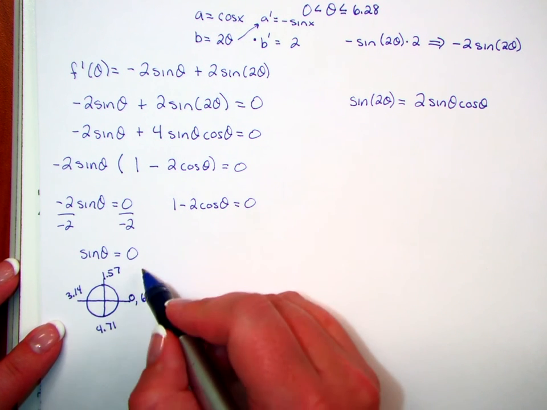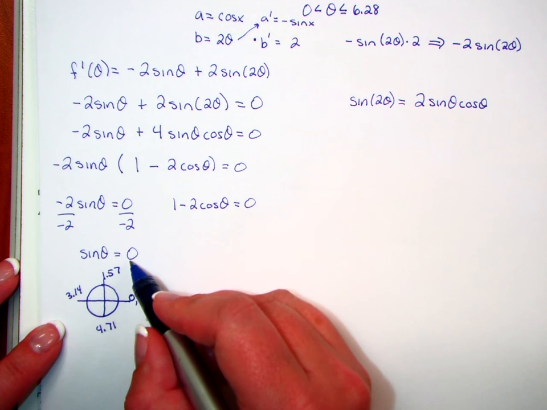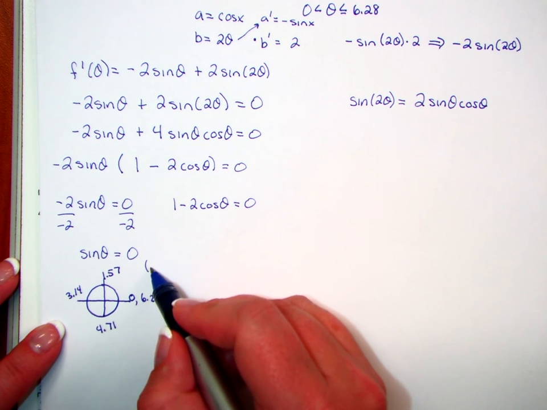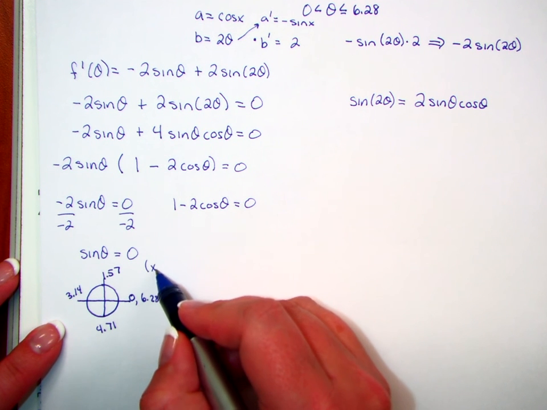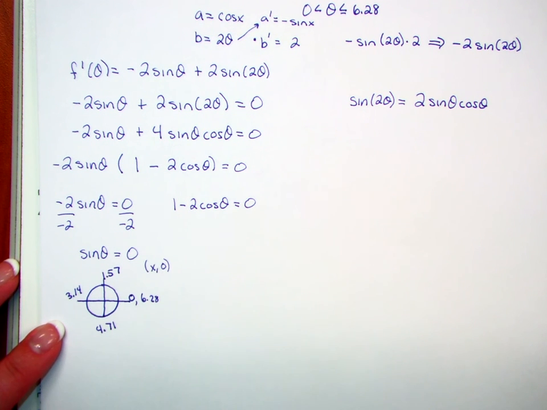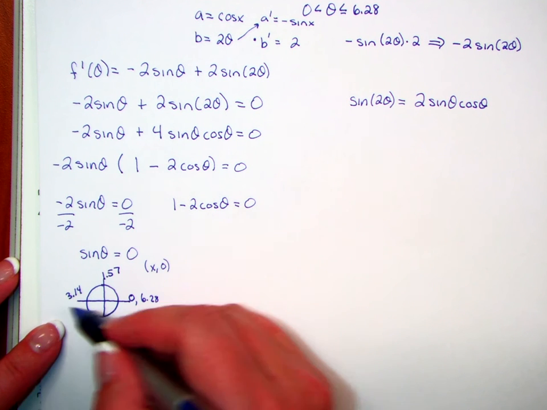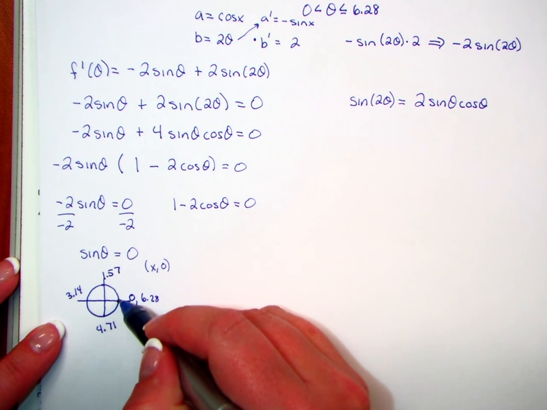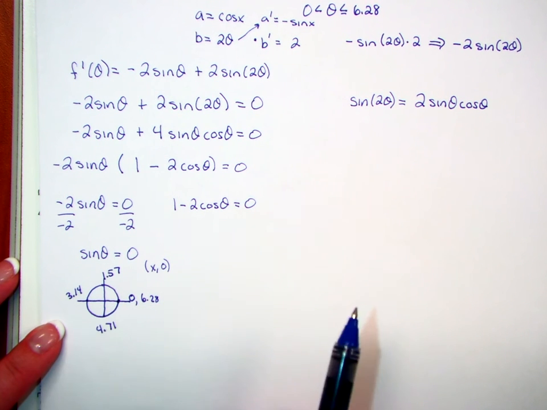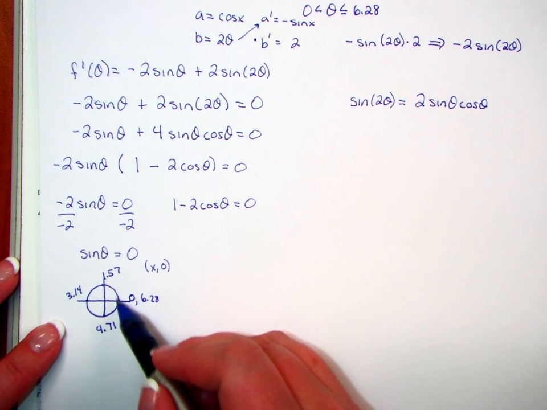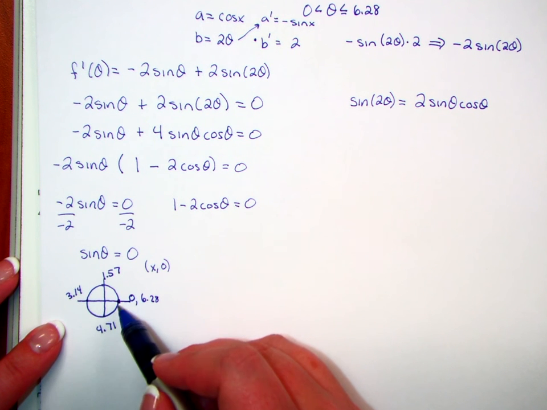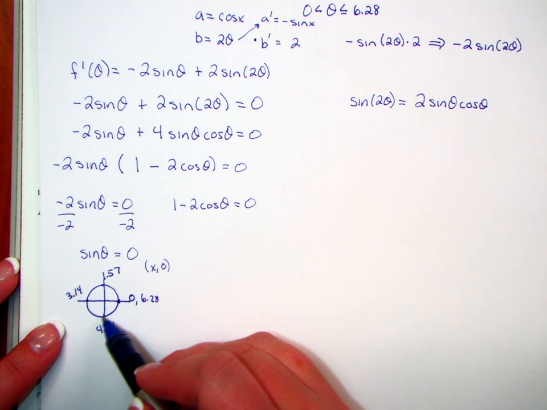So we're looking for what angles where sine is 0. Remember, sine is the y-coordinate. So x, comma, 0. Where is y equal to 0 on the unit circle? It's here on the x-axis, right? So we get angles 0, pi, 2 pi, all the whole pies.